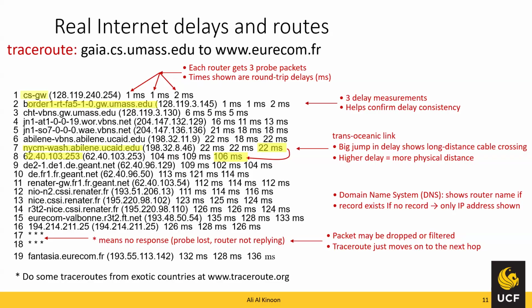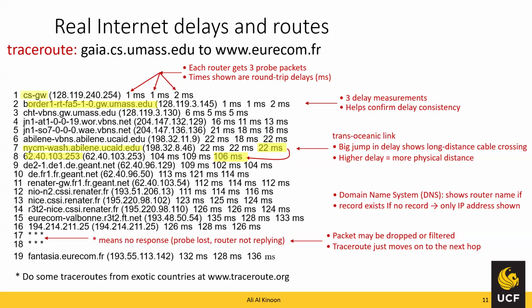They do not have a domain name. And here we have some hops that show 3 stars. That means the packet may be dropped or filtered. Traceroute is just a tracing tool, and it does the best it can to trace the route. It doesn't mean the packets don't get moved forward. They do, but we don't really know the detailed information.